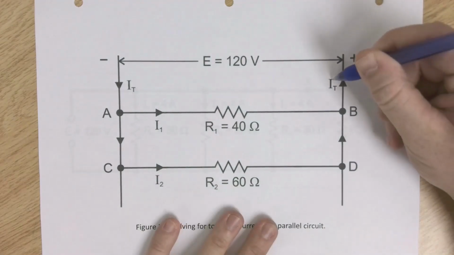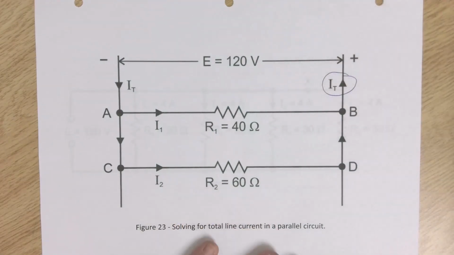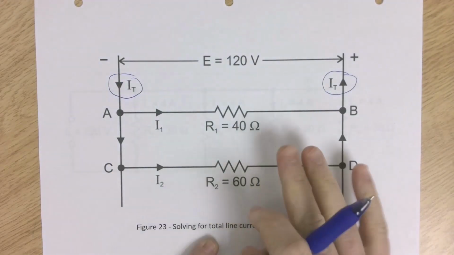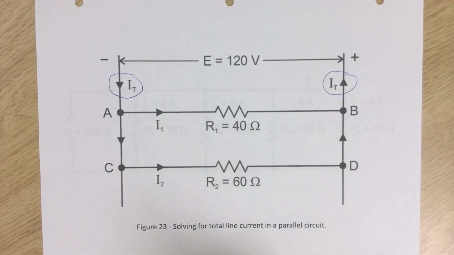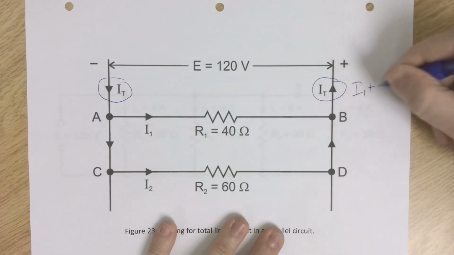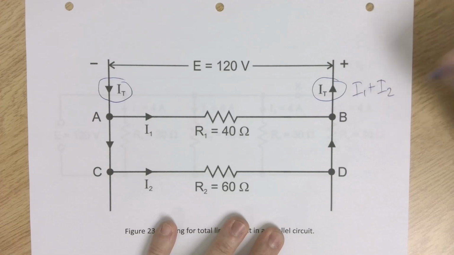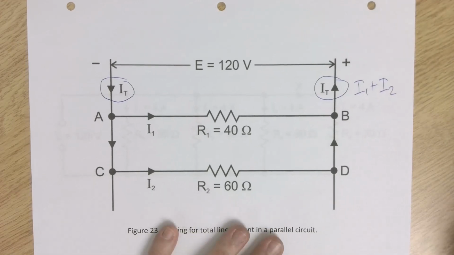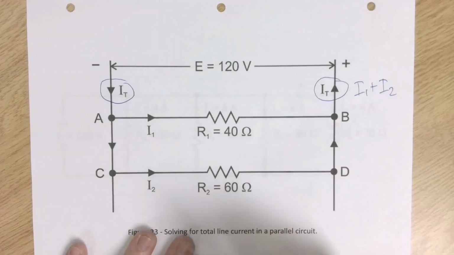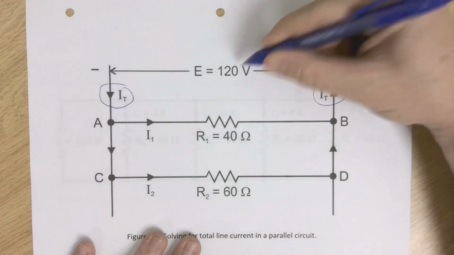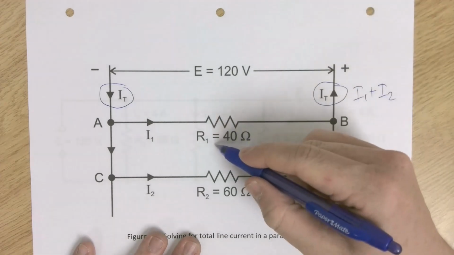If we wanted to figure out our I total, if there was no open circuit and this was all connected in parallel, looks good. Our I total is just I1 plus I2. And if we wanted to figure out what I1 or I2 was, well, E is 120, which means V1 would be 120.